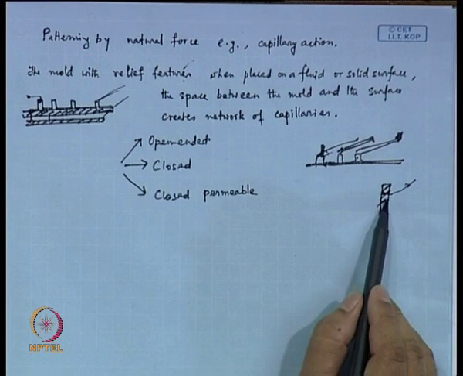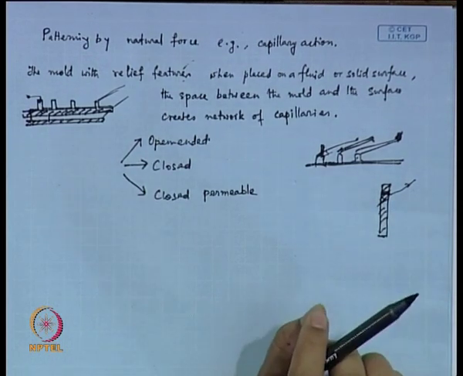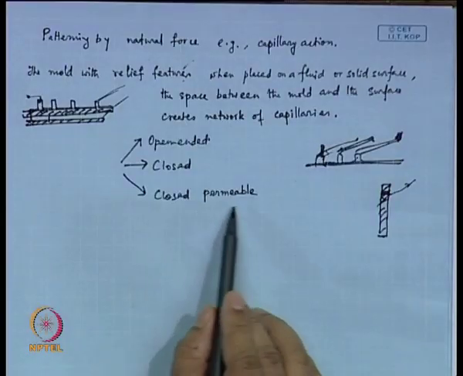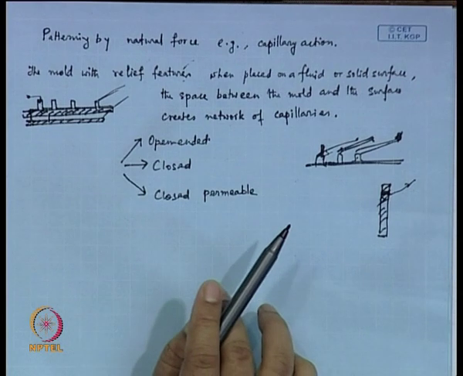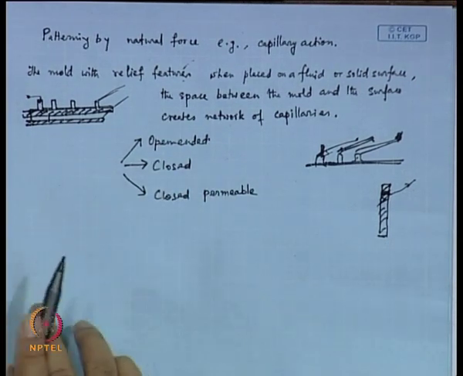It is not that you have a predetermined pore present through which it is traveling. It is a complex mechanism. It's a physico-chemical mechanism, not exactly a physical mechanism by which this transfer may take place. So, you have another category which goes by the name closed permeable. Okay, so, these are the three possibilities that exist.